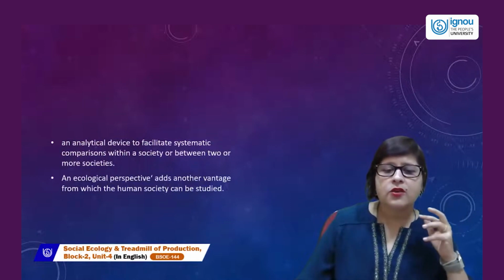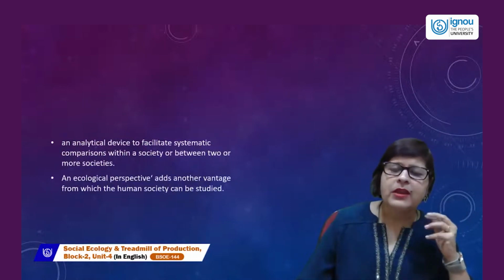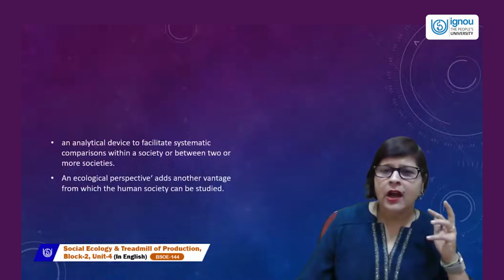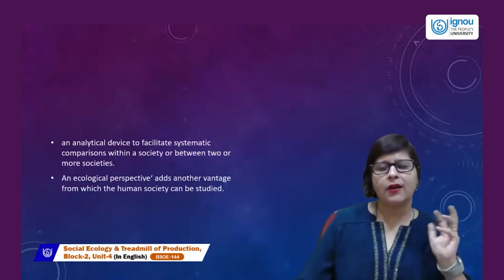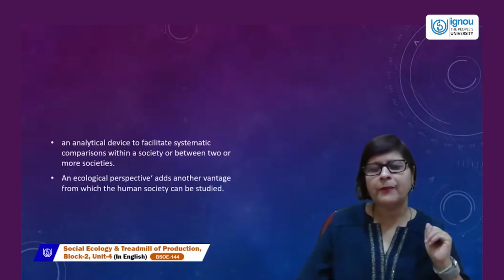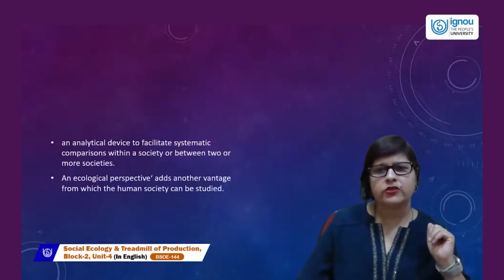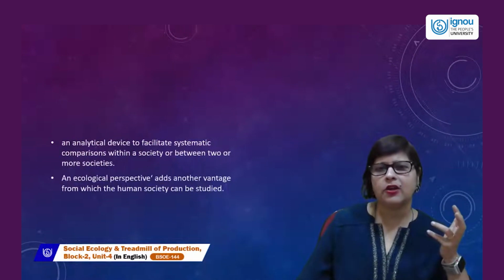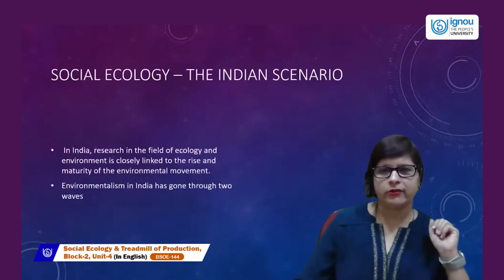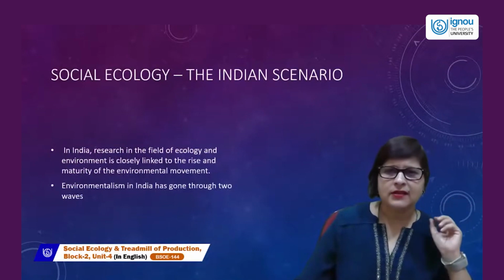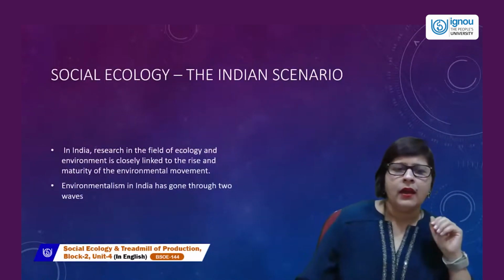When we study human society from the ecology perspective, we look at how the environment impacts the human society and how human society impacts the environment. This is human ecology: how we study the interaction between human society and the environment.